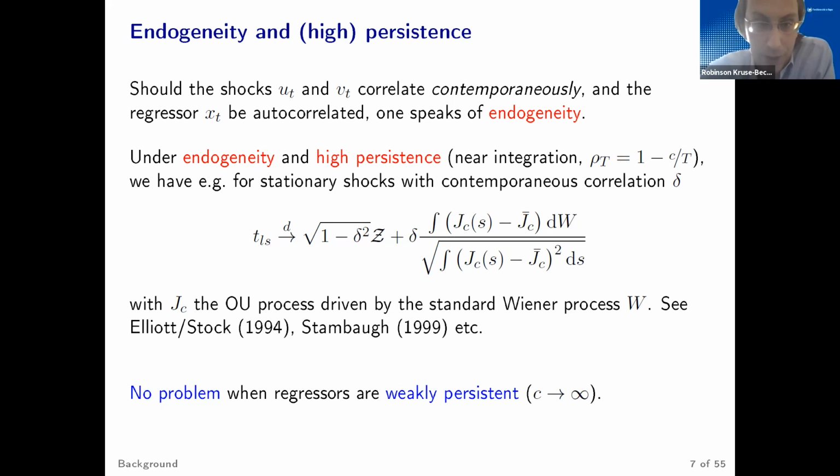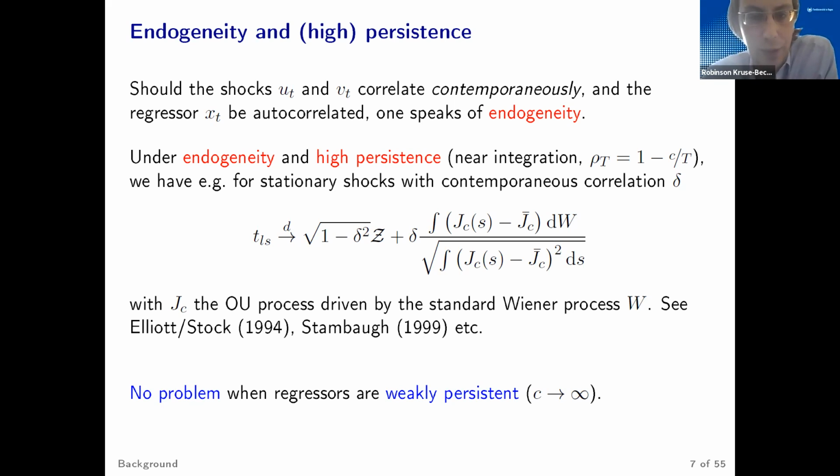Well, what happens with your t-statistic? It converges in distribution to a mix of two things. One is an Ornstein-Uhlenbeck process with the localization parameter c, reflecting the very high persistence in the predictor.